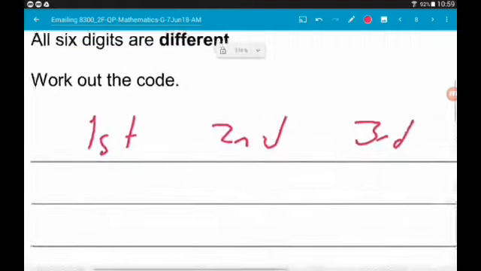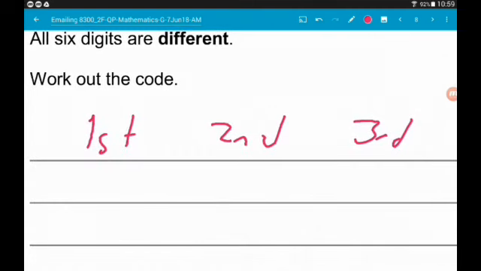Okay, so the first number between 10 and 20 is 11. So, if we try 11, well, straight away we got a problem because we're told all the digits are different. Here we got 2 ones. So, nope. Okay, then we'll try 12.